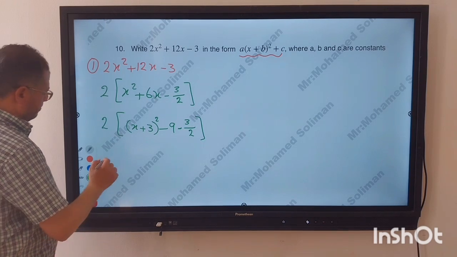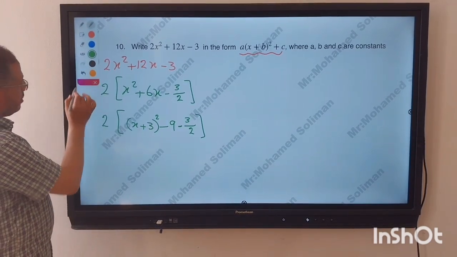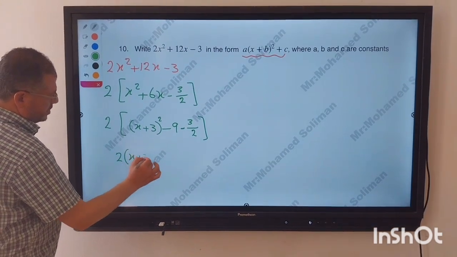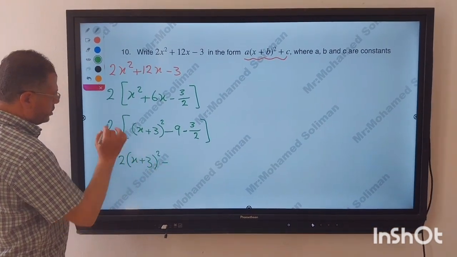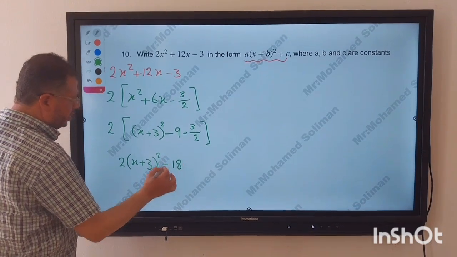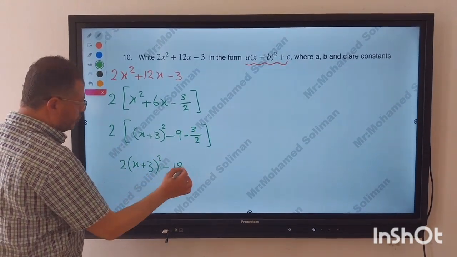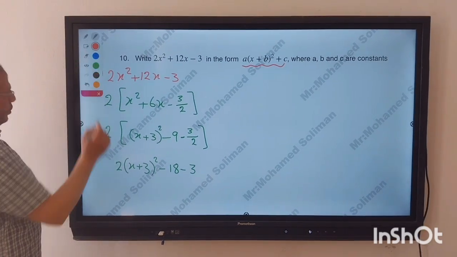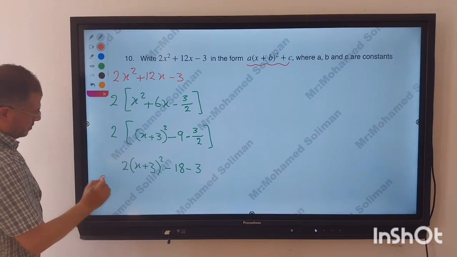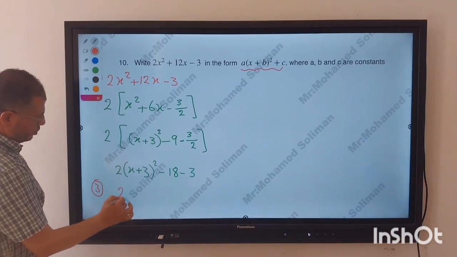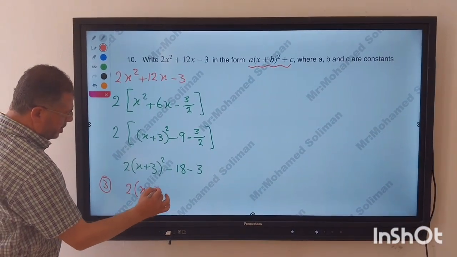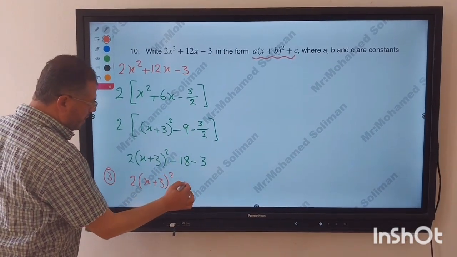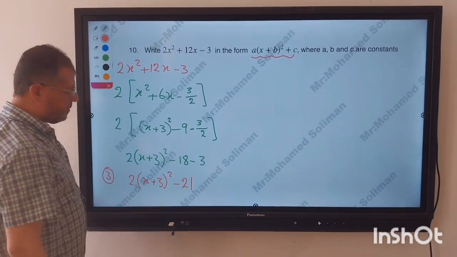Then expand. 2 times x plus 3 power of 2, minus 2 times 9, it will be 18. 2 times negative 3 over 2, it will be minus 3. The third step, we will simplify. Here it becomes 2 times x plus 3 whole power of 2, minus 18 minus 3, it will be minus 21.